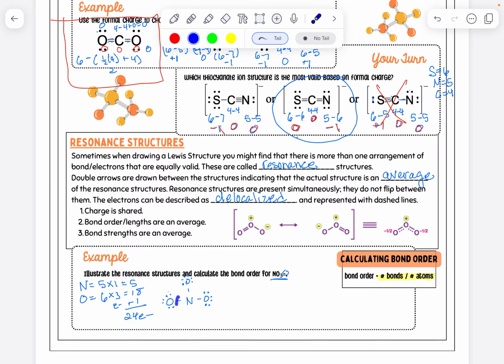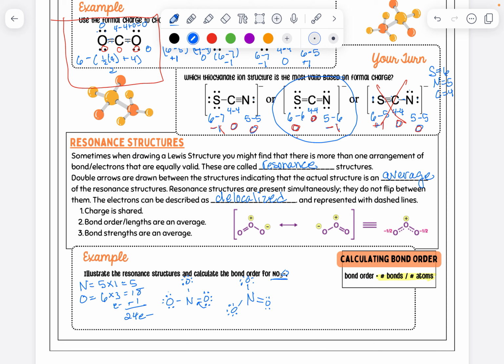But nitrogen has 2, 4, 6. That doesn't satisfy the octet rule. So what I'm going to have to do is borrow an electron from any of these oxygens so that I have my octet. So now my nitrogen has a double bond. And this one has all those and this has 3.